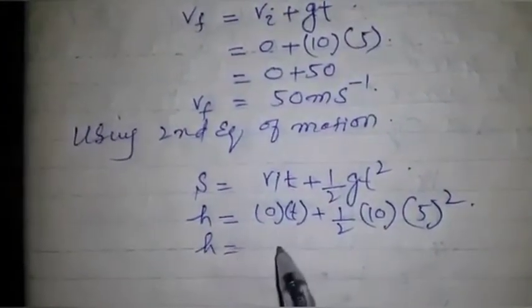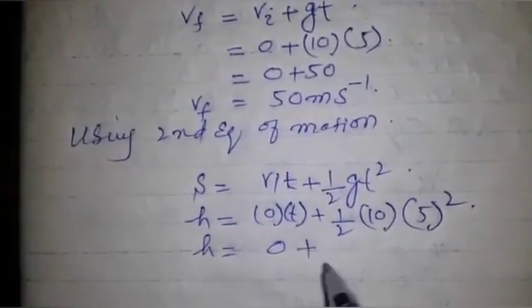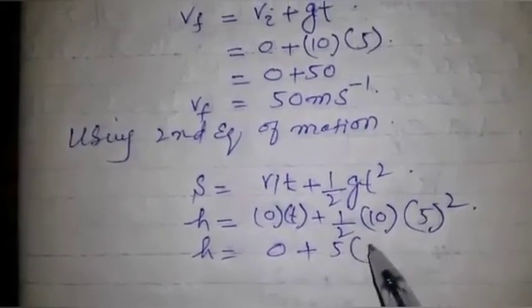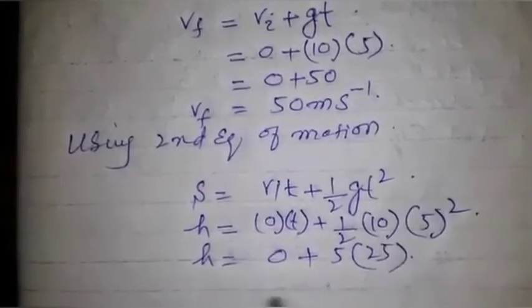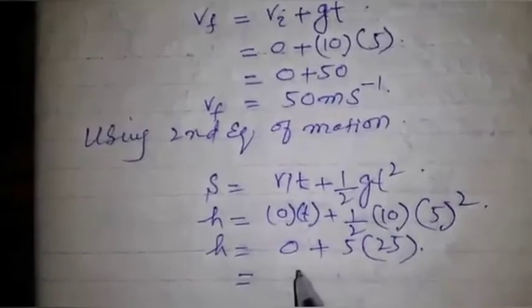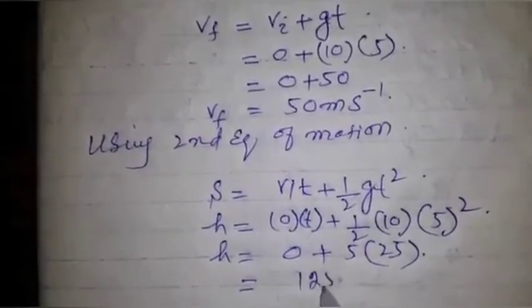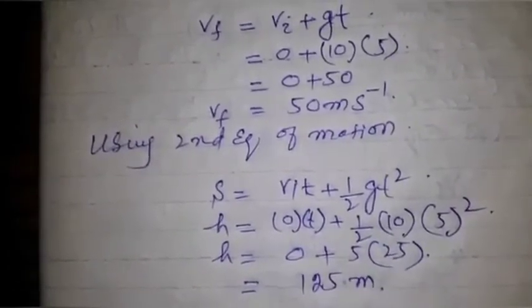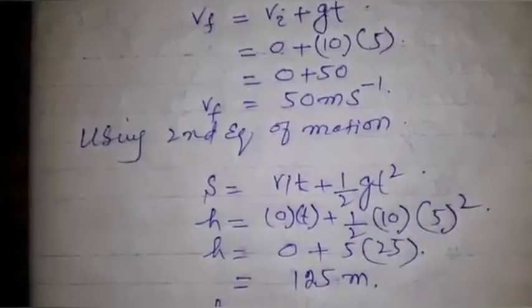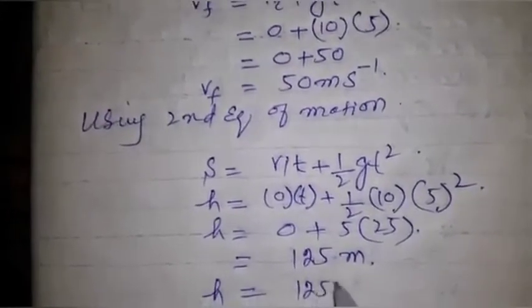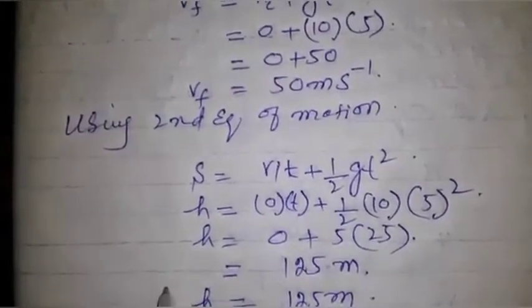So h is equal to 0 plus 5 into 25, which is equal to 125 meter. So height h is equal to 125 meter.